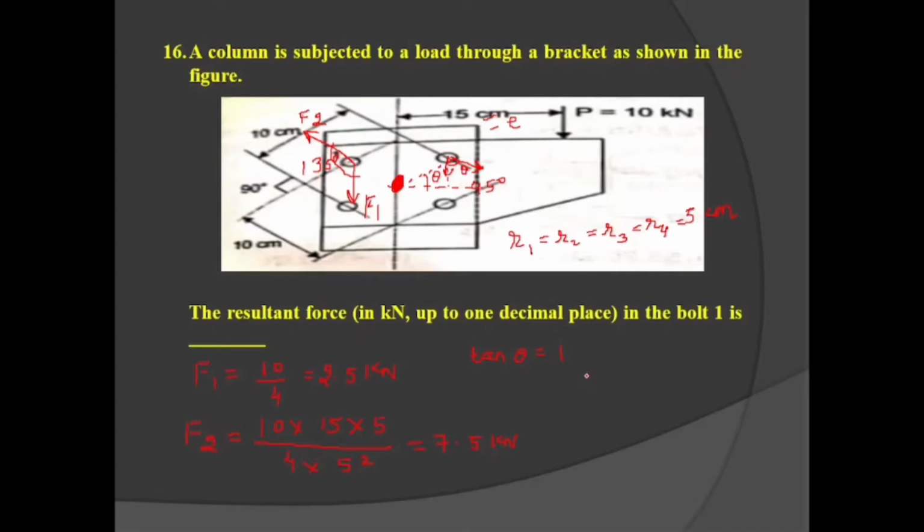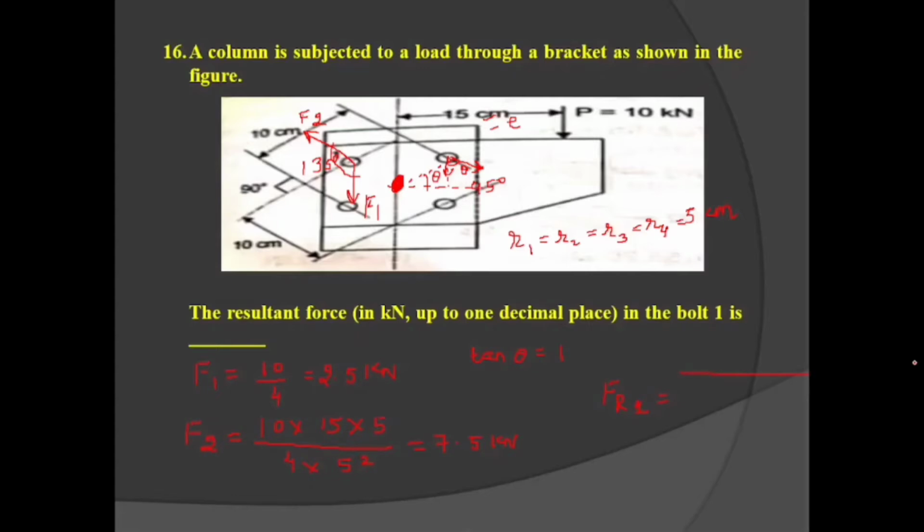So we have all the values, and we can easily find out the resultant force in rivet number 1. FR1 is equal to the square root of F1 square plus F2 square plus 2 F1 F2 cos theta.